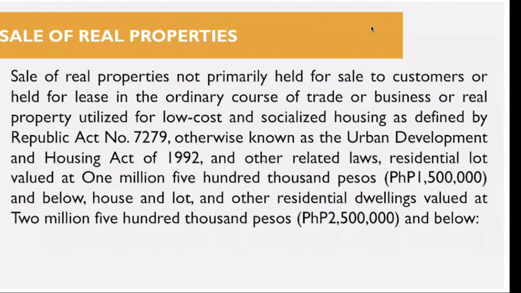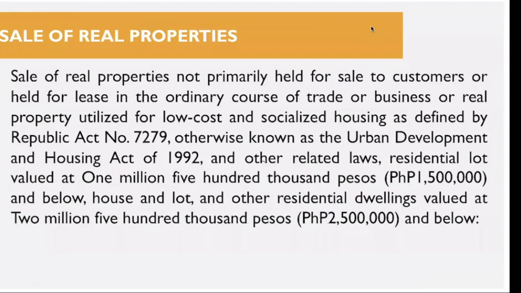So for your dealer, you are exempt first for your low-cost and socialized housing units. So we have your socialized housing units, and then we have here your low-cost housing units. Another, if you will sell a residential lot. Another, if you will sell house and lot or residential dwellings.